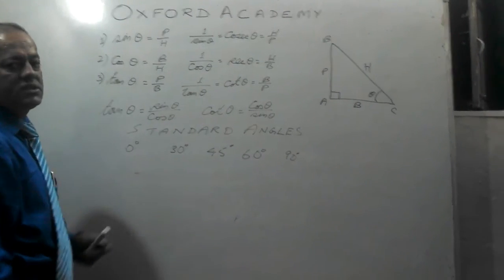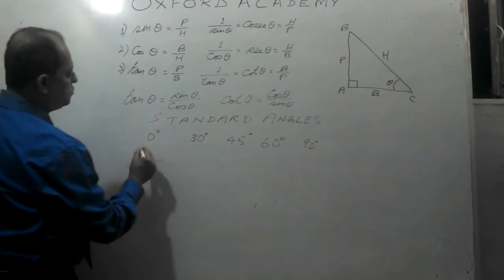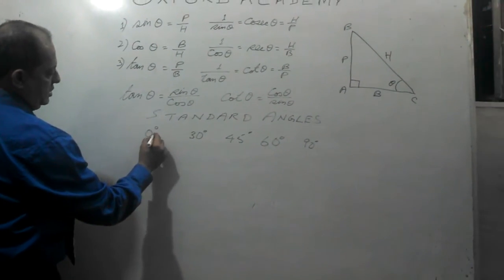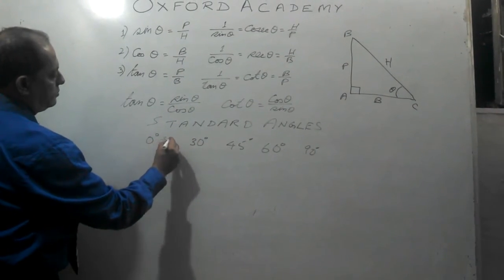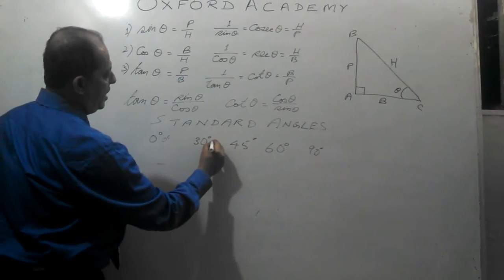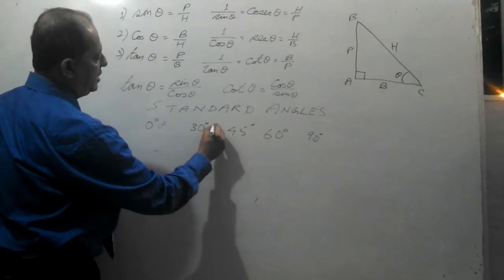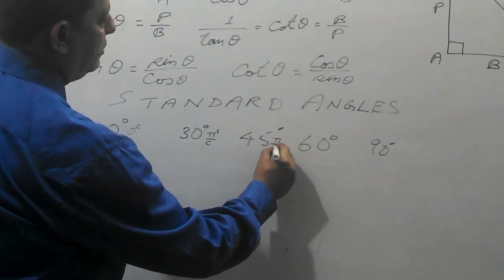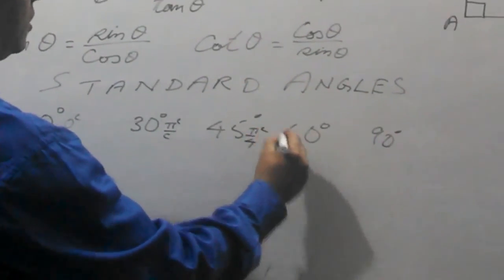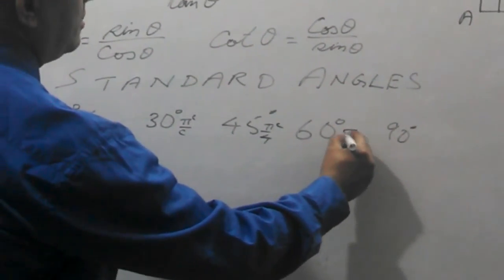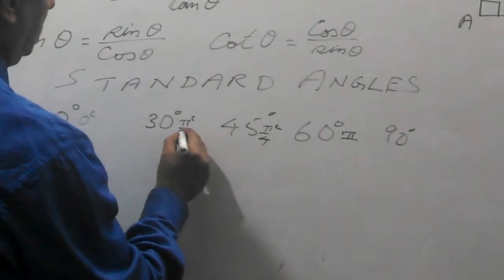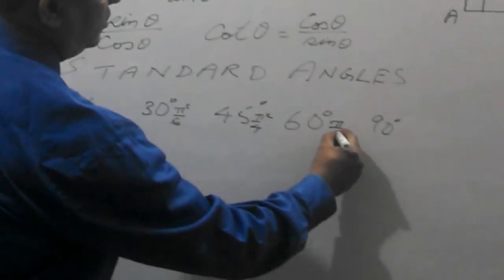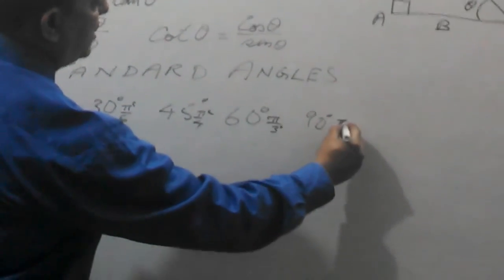These are in degrees. You can have them in radians also. This will be 0 radian. This will be pi by 6 radian. This will be pi by 4 radian. This is pi by 3 radian, and this is pi by 2 radian.